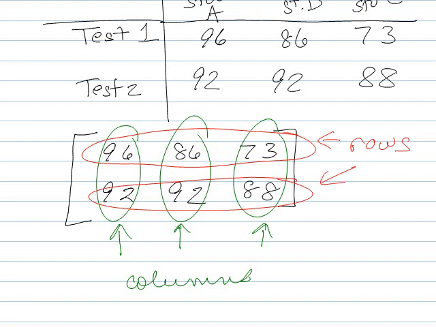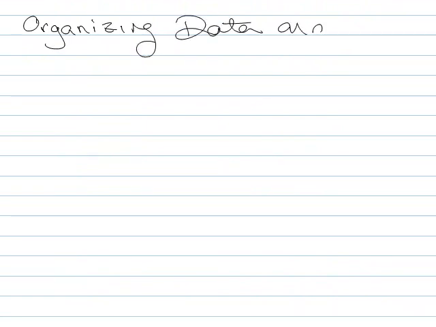So this particular matrix has 2 rows and 3 columns. And this is how we keep the data organized. Now, we can have other kinds of applications for matrices besides this. We can use matrices in general for organizing data on a large scale.